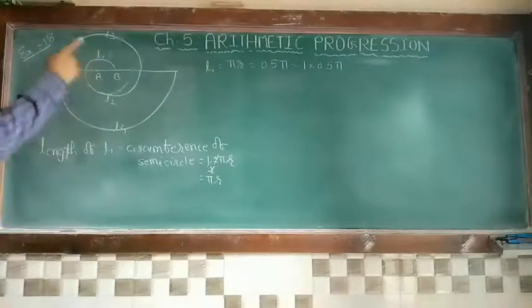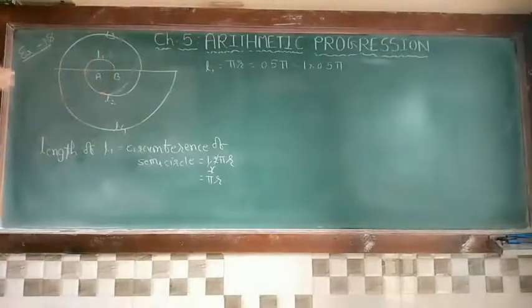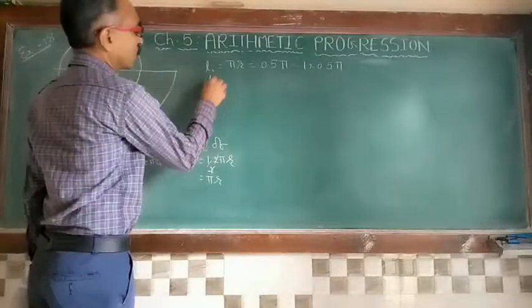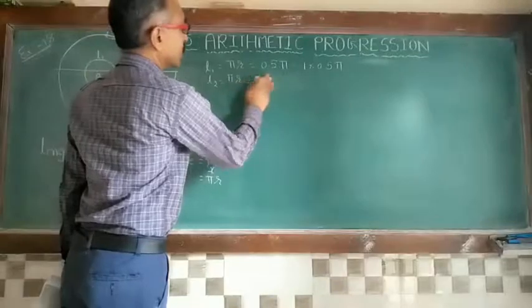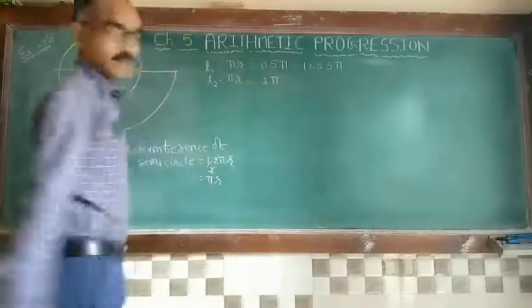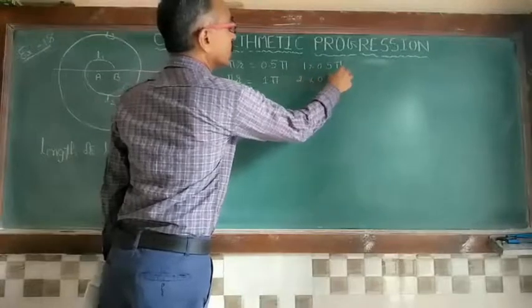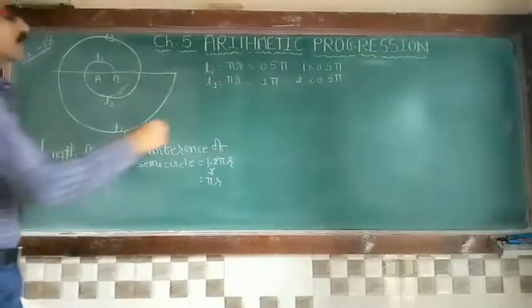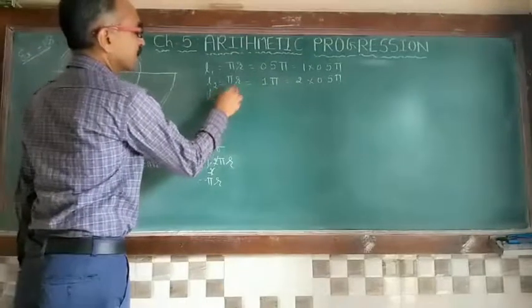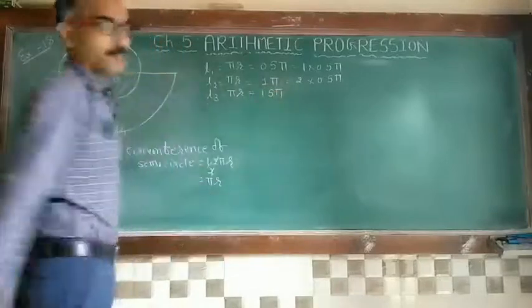Okay. Now for L2, center B, here your radius is 1 centimeter. So L2 is equal to pi r, that is 1 pi. That means 2 into 0.5 pi. 2 into 0.5 means 1. Then L3 is pi r, so it is 1.5 pi.